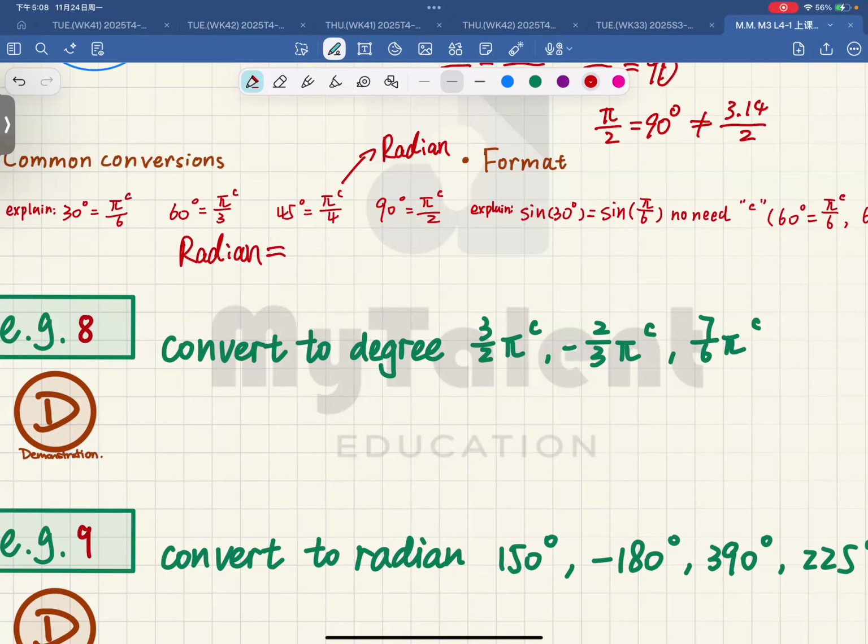Radian is equal to degree times pi over 180, and degree is equal to radian times 180 over pi. Those are two equations to convert radian to degree and degree to radian.